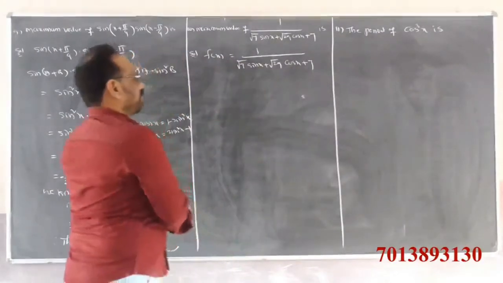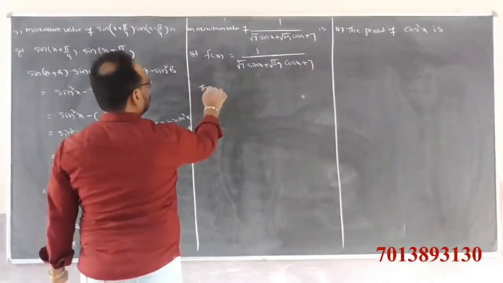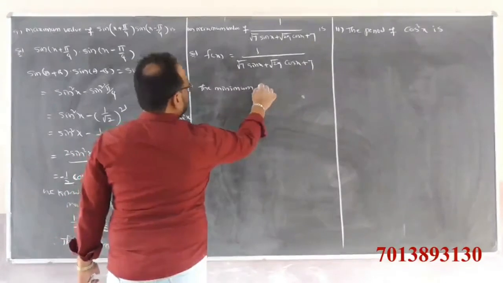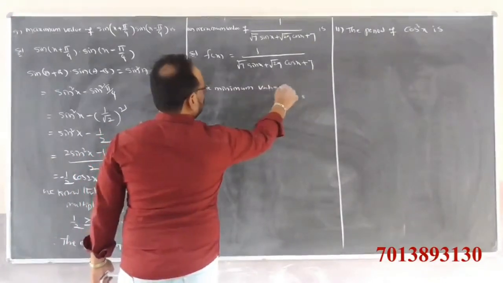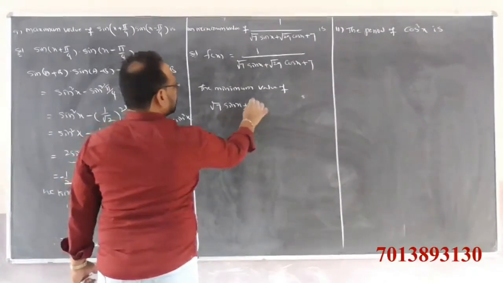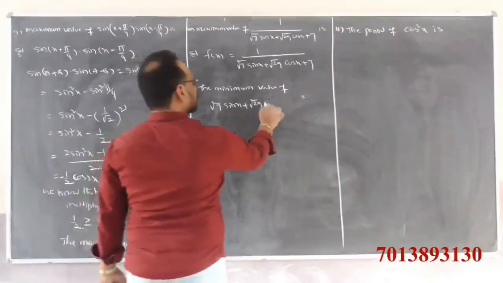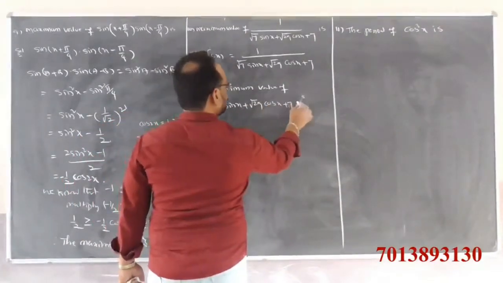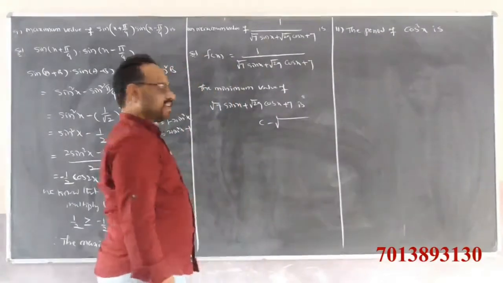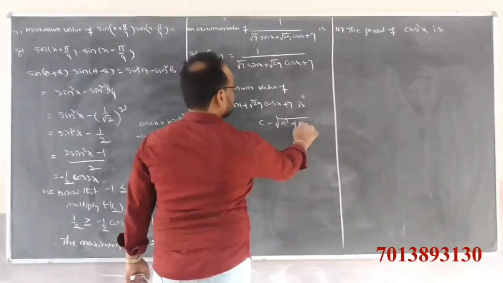So the minimum value of the denominator, square root of 7 sin x plus square root of 29 cos x plus 7, is c minus square root of a square plus b square.